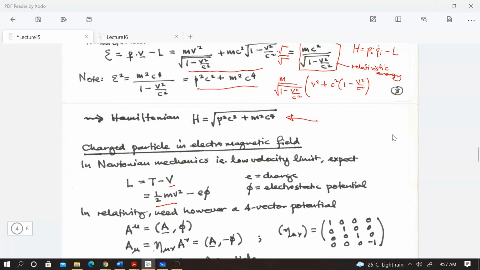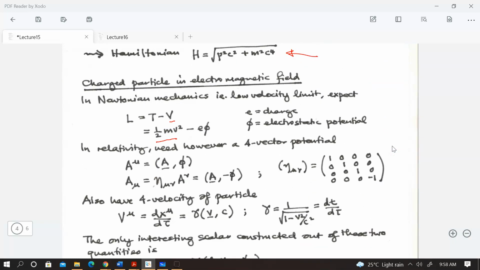We need to somehow generalize this later on when it goes to involve your magnetic field as well. So how do we do this?